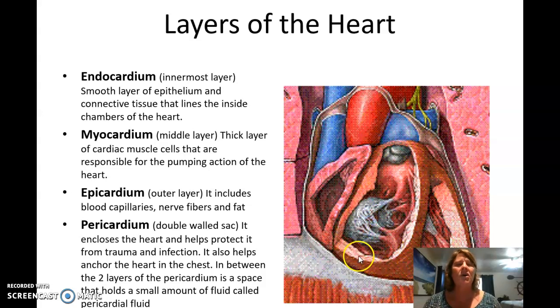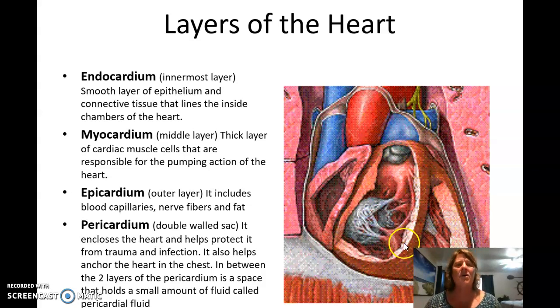Then comes the myocardial layer, the muscle layer of the heart, and you'll notice on the right side the myocardial layer is much thinner than on the left side. The left side is about 2 to 3 times thicker than the right side because it has to pump against more resistance to send blood to the entire body.